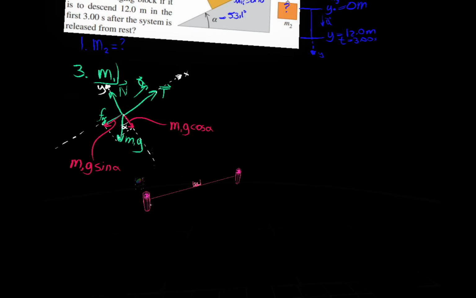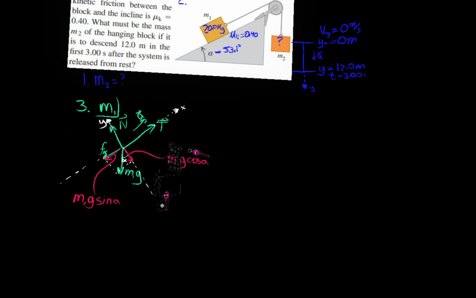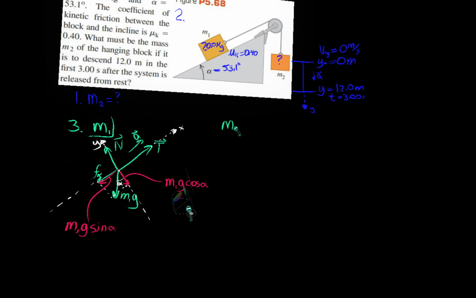Now let's do it for m2. So free body diagram for m2. This is the one that's hanging, and it's also the one that we're concerned with. So it has some weight, so m2g. Now I'll give this a vector here. There we go. And this is also a vector.